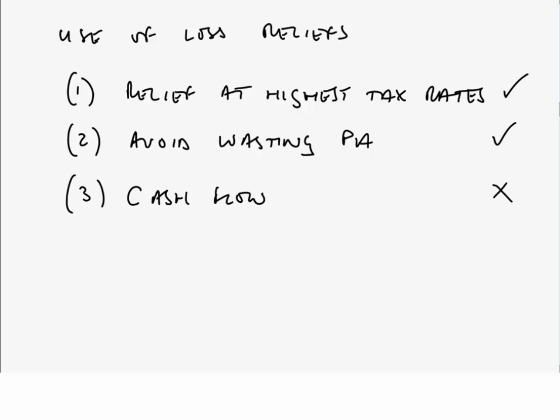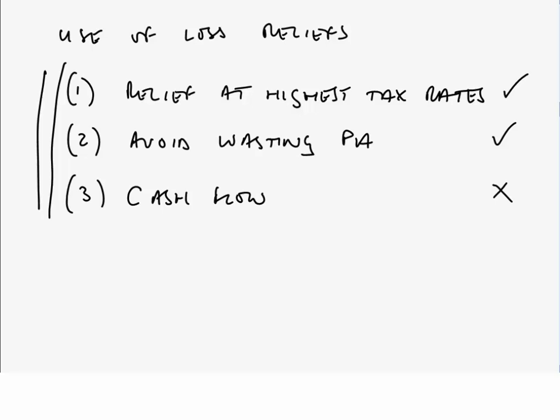Or it may ask you to recommend the most beneficial claim, and that's where you'd identify these objectives: relief at highest rates, avoid wasting personal allowance, and cash flow. You could then recommend the simple carry forward of that loss, because it would take out all of the income that would otherwise have been taxed at 40%, your higher rate taxable income.